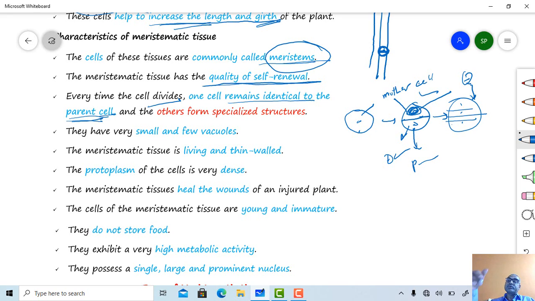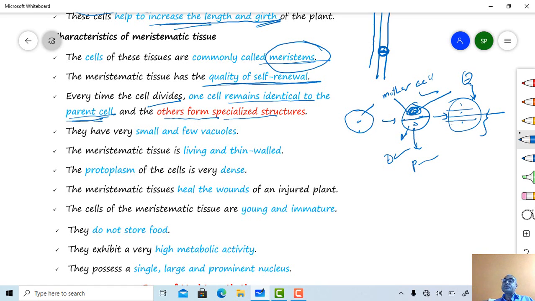New cells are produced on the lower side, and the other cell performs as a specialized structure. These new cells which are added by the division of these meristem cells may form the permanent cells.